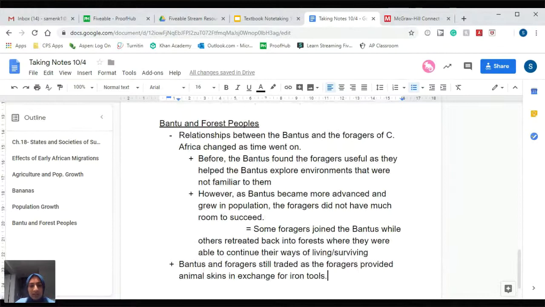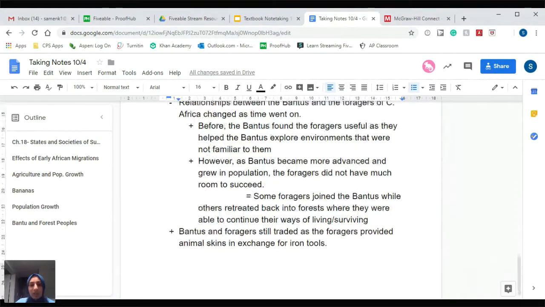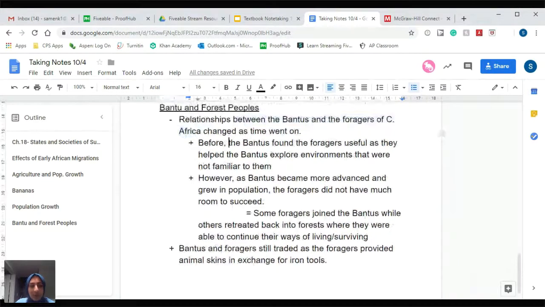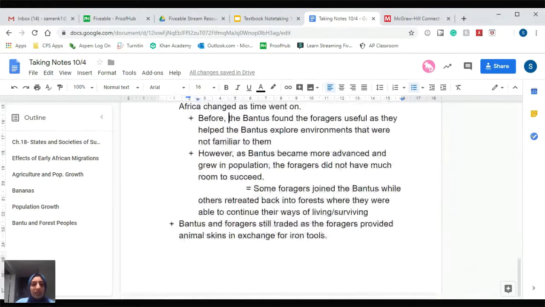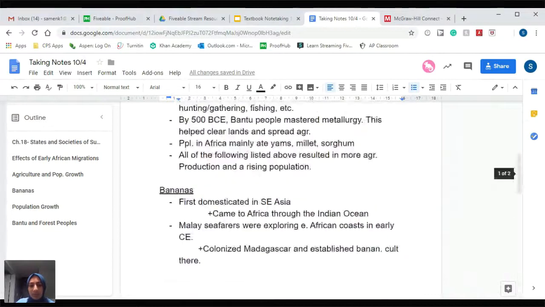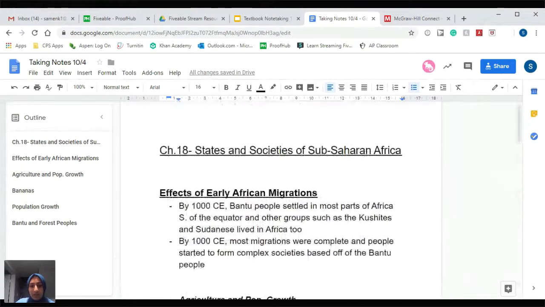So here we say the relationships changed. We talked about how they changed over time, and then we still say that even though this happened, Bantus and foragers still traded. So here we have all of section 1 completed.